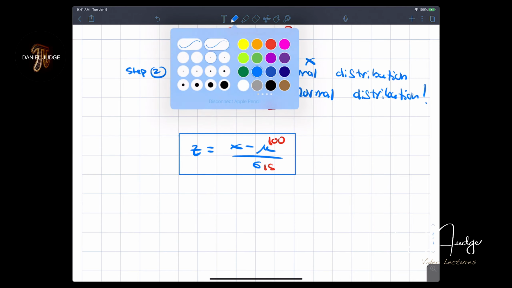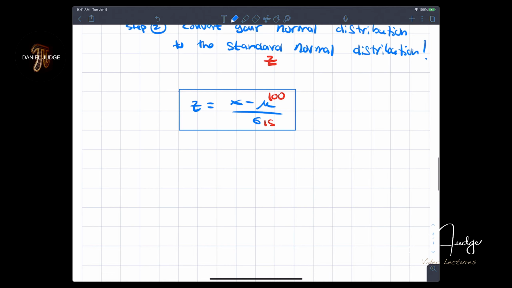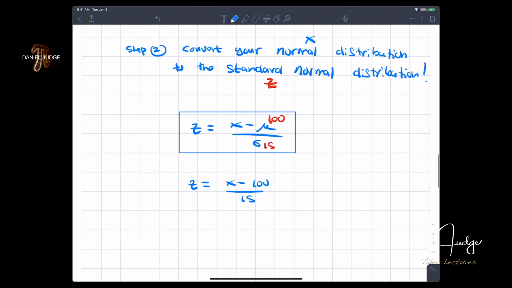So you're really going to use, ladies and gentlemen, this formula to convert x minus 100 over 15. So we have to convert your normal distribution question, meaning the question they give us is always a normal distribution. And then we convert it to the standard normal. This is what you guys do. It's these steps here.